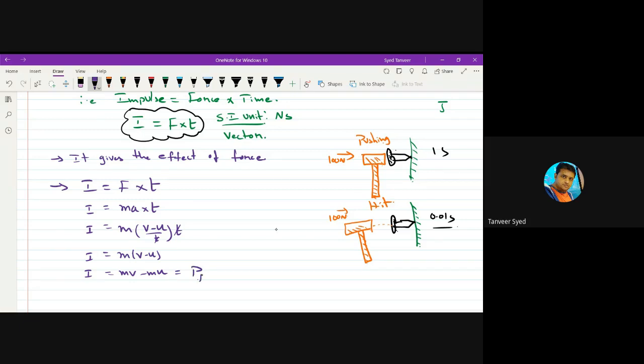Which momentum? Final momentum. mu is also momentum. Which momentum? Initial momentum. So impulse is also equal to change in momentum. Force into time is one formula for impulse. Change in momentum is another formula to measure impulse.